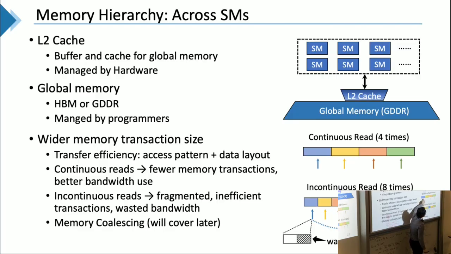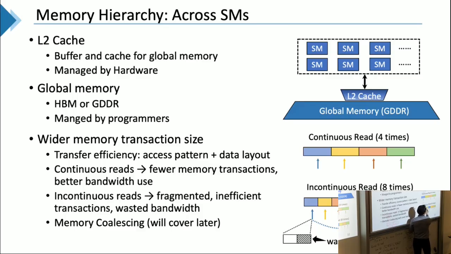So if you still want to get these two blue parts, in the original case you just need one memory transaction to get the blue part. But in this case, because the memory transaction tries to get data from a continuous memory address, you first need to get the data from here.